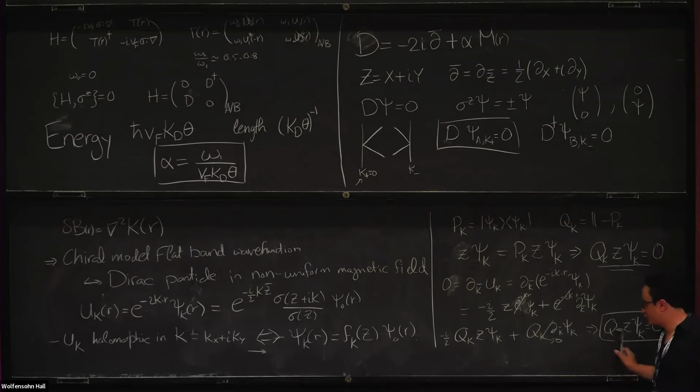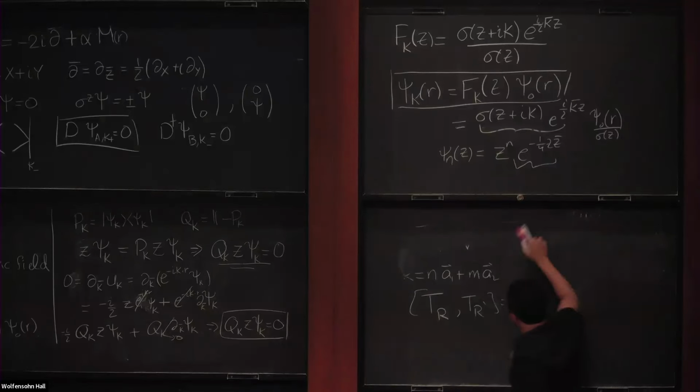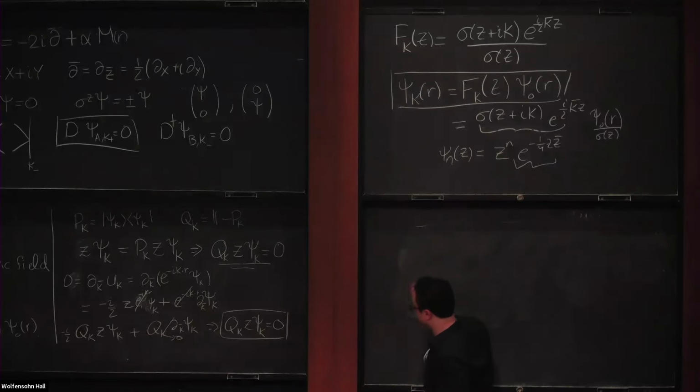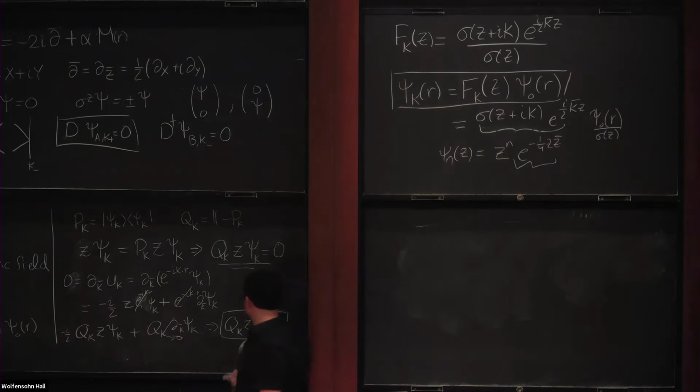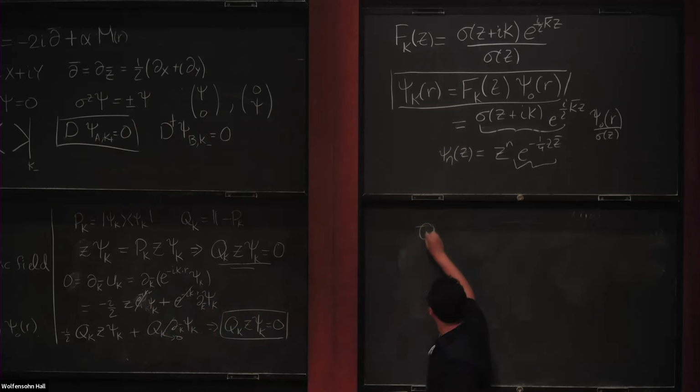But I just want to now say the opposite direction of this derivation, which is if I start from this, I also should deduce holomorphicity. Of course I can run back this argument, and if I start from this, I will easily deduce that Q of k dk bar u of k equals 0.